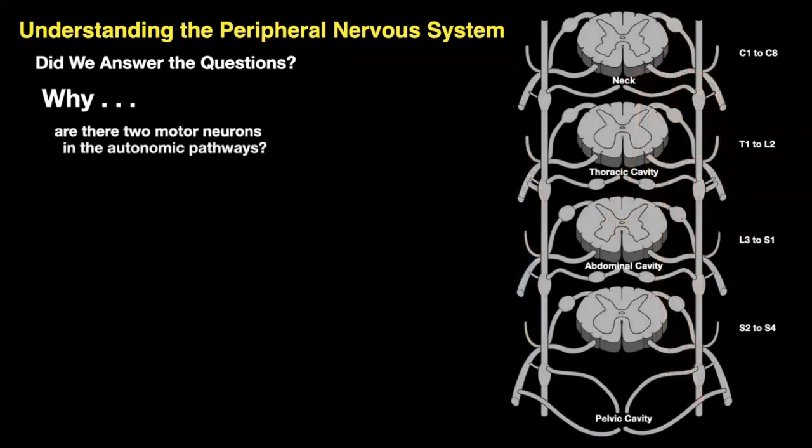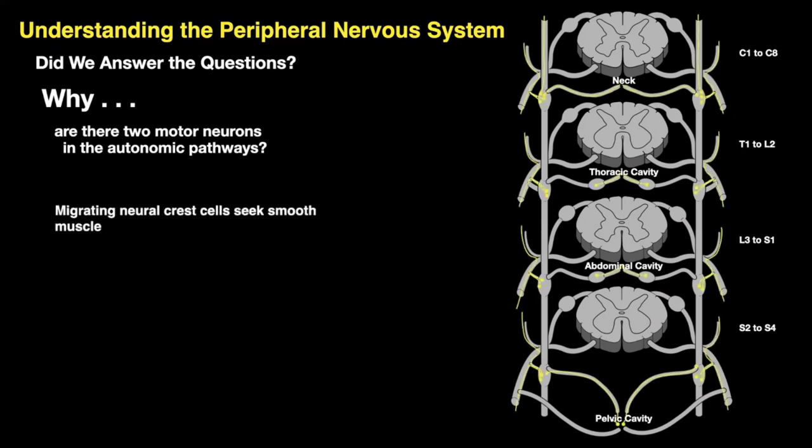Why are there two motor neurons in the autonomic pathway? Well, remember, smooth muscle in vessels and the gut tube were developing somewhat remotely from the neural tube. And so those migrating crest cells were seeking that smooth muscle, whether it be in blood vessels or in the gut tube.